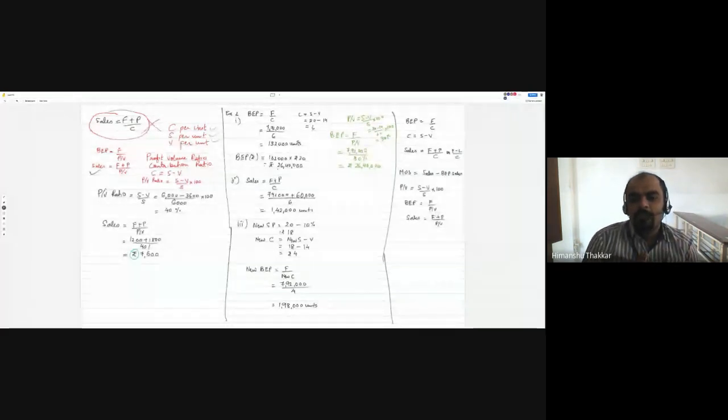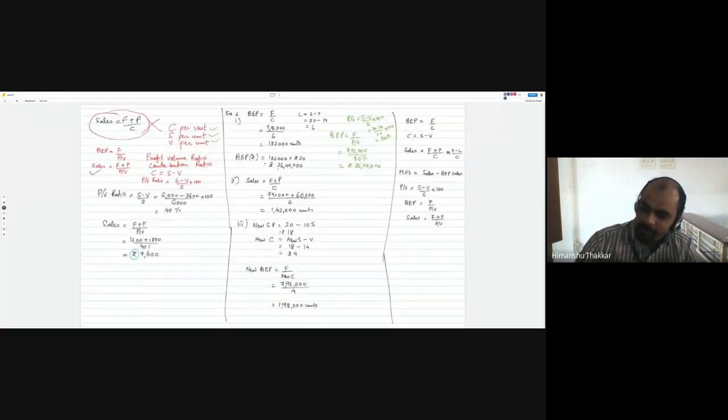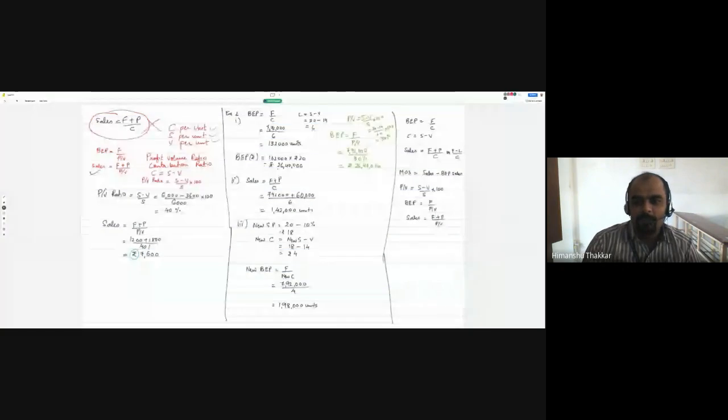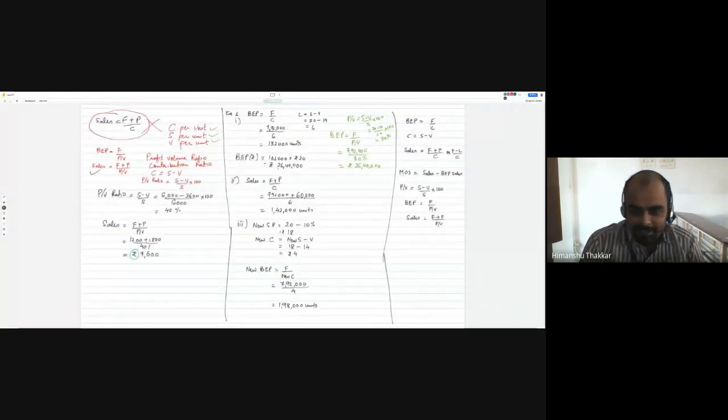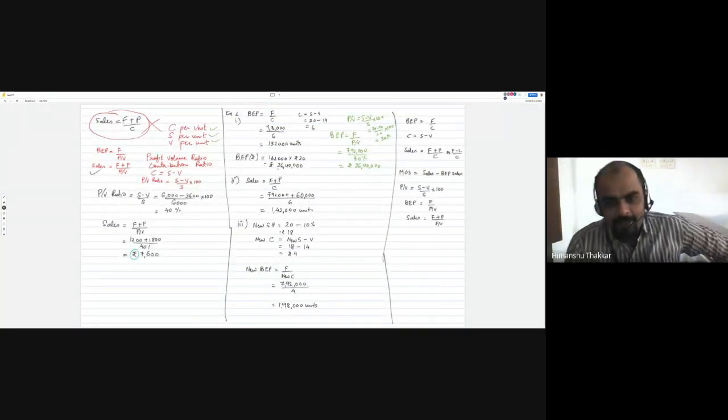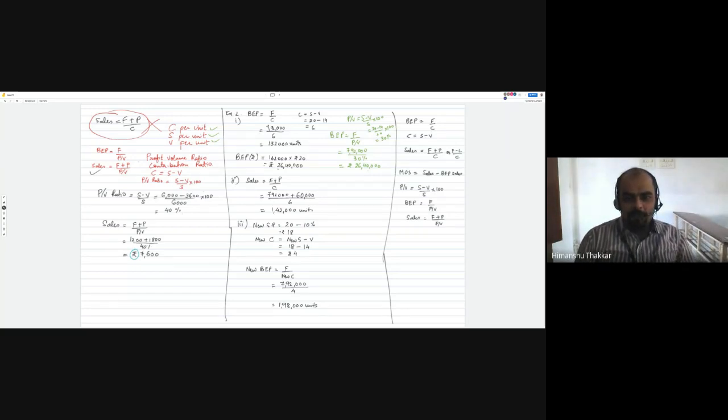Shivani, you have to just use the formula. Sales is equal to F plus P upon C. So your F is 6 lakh plus profit 1 lakh upon your C, which is 400 minus 300, 100. So you have to just write 7 lakh divided by 100. So 7,000 units. There's nothing like loss or anything.